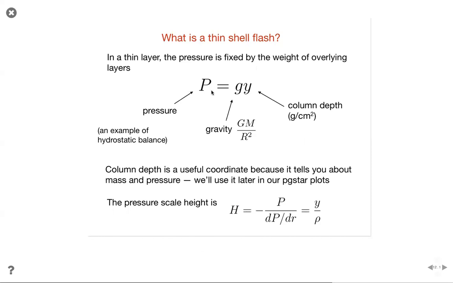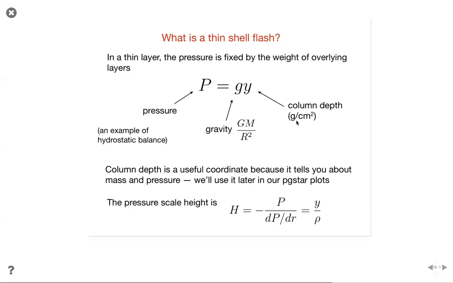So we take the mass of the layer, multiply by the gravitational acceleration, divided by the area of the spherical surface, and as a result, we get that the pressure at the bottom of the accreted envelope is equal to the gravitational acceleration g multiplied by the so-called column density, which provides column depth, but it's also sometimes called column density.